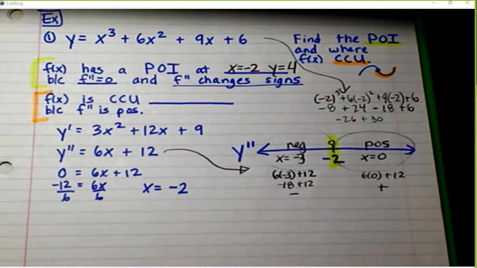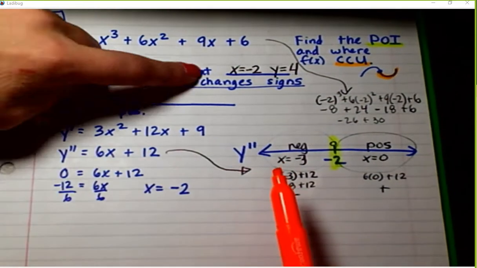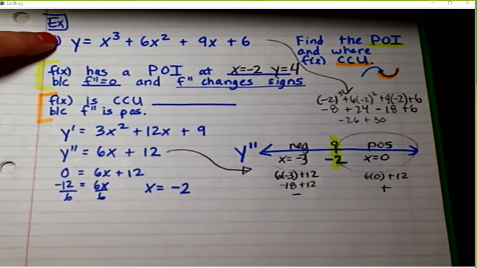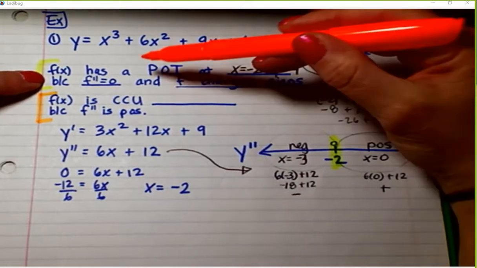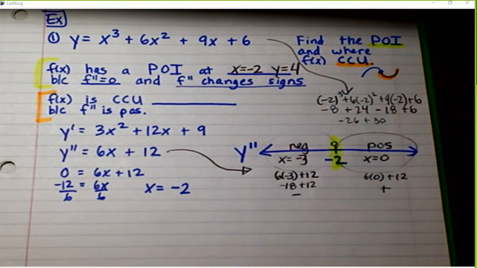Okay, so f of x has a point of inflection at a spot on the f of x graph. All of these things here, that first line is coming from f of x, which is why I went back to the original.